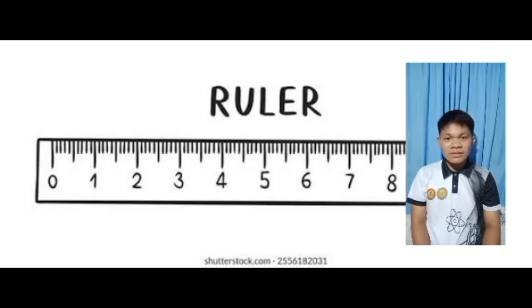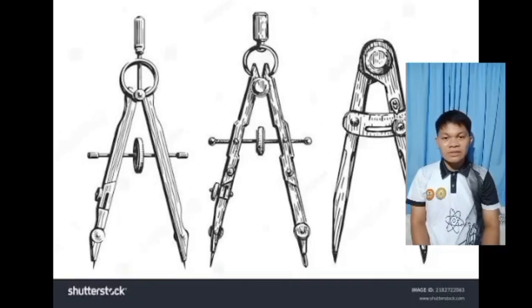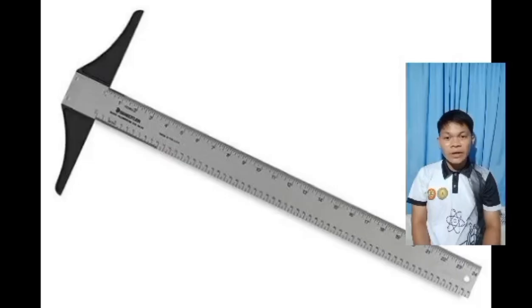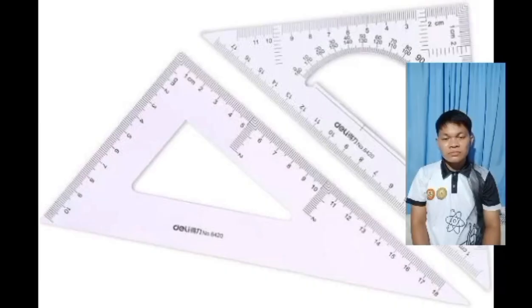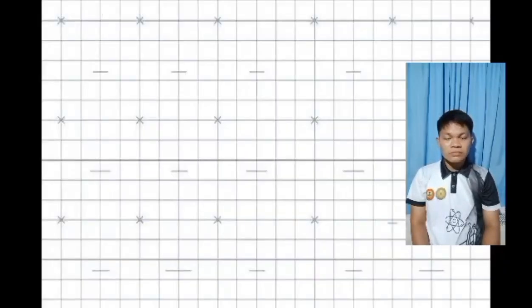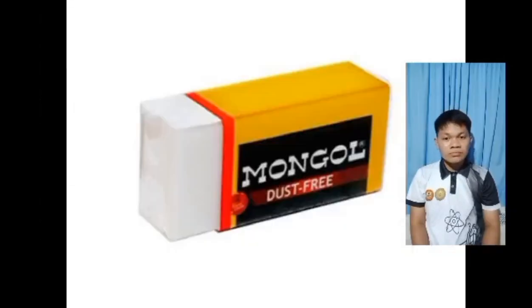Next is the compass for making perfect circles or angles. Next is the T-square. And then, the triangle. Next, the drafting paper. Followed by the eraser. And the last one is the drawing board.